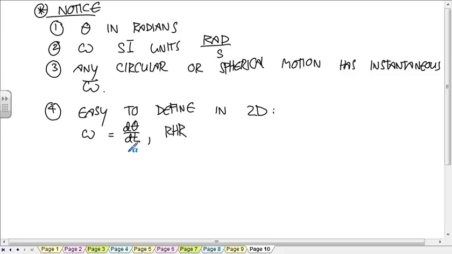And so in our problems, usually angular velocity is just going to be something that's given to you when we do three-dimensional problems. To actually go from how the angular position is changing to calculate the angular velocity is really hard.